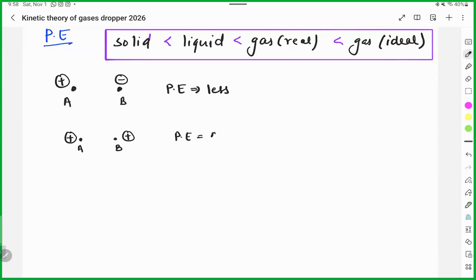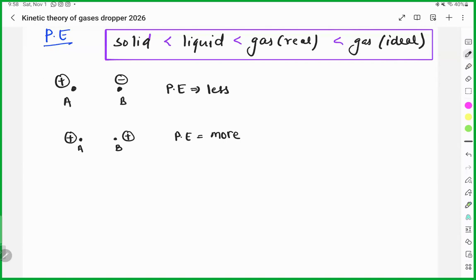More. Yes. Why? Potential energy tries to resist any change. In the case of like charges, they are repelling each other. You have to hold them and bring them closer, and you have to put in maximum force. This maximum force is potential energy. Everybody understood that part from electrostatics? If you have two like charges, either positive or negative, they will repel each other.